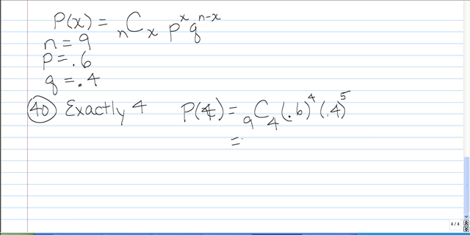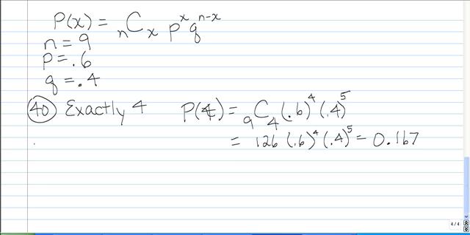Combinations of 9 taken 4 at a time is 126. So 126 times 0.6 raised to the 4th times 0.4 raised to the 5th. And I'm coming out with 0.1672, etc. So I'll just drop off the remaining digits.